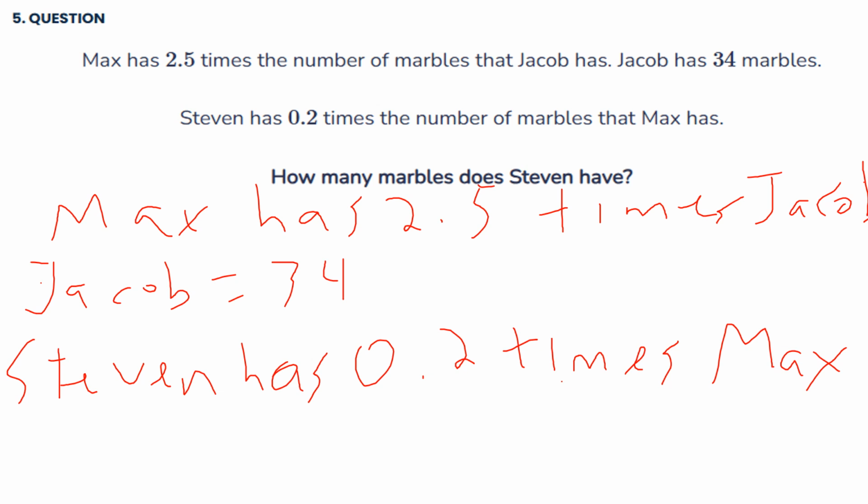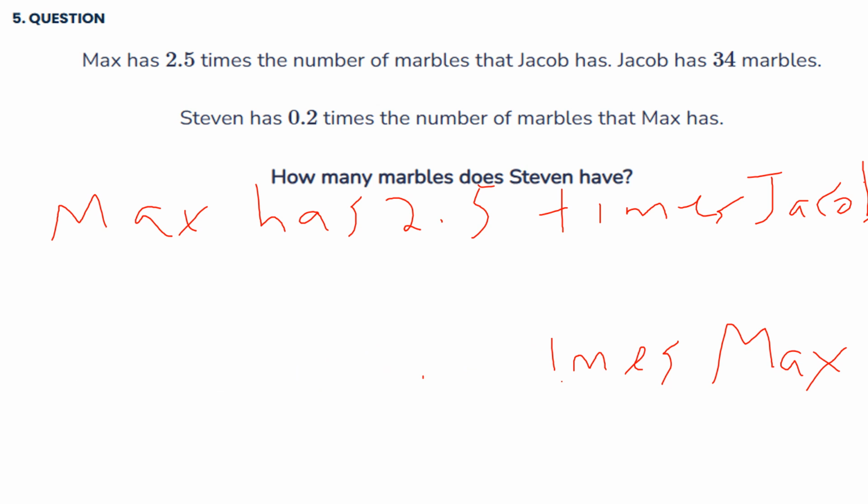And based off of the information above, I'm going to erase this now that I wrote it out. And trust me, I do write this stuff out. You should have more room on your scratch paper; I'm just working with a limited amount of room. So 2.5 times the amount that Jacob has.